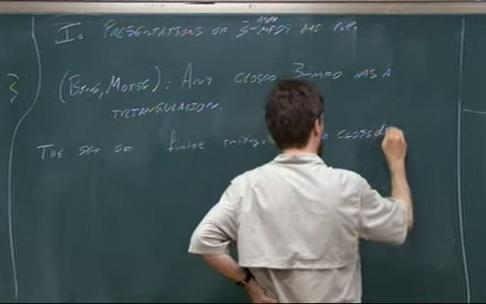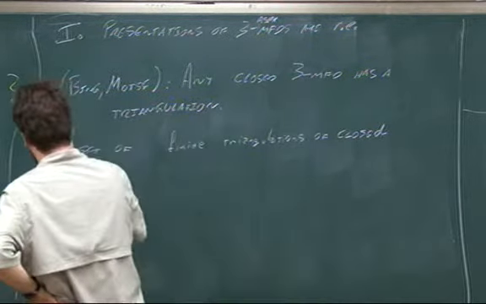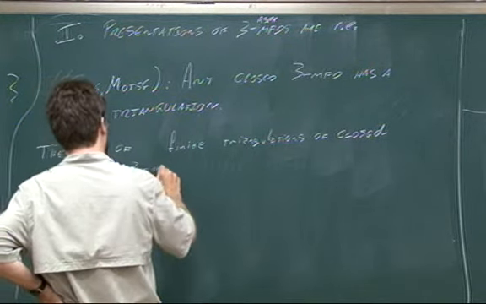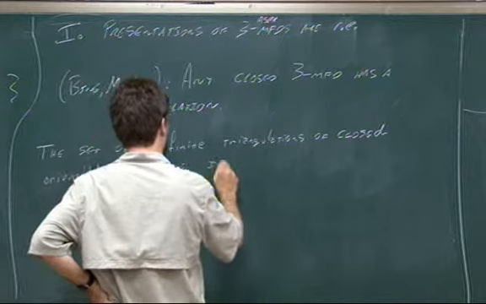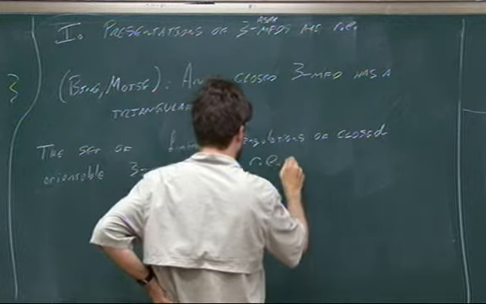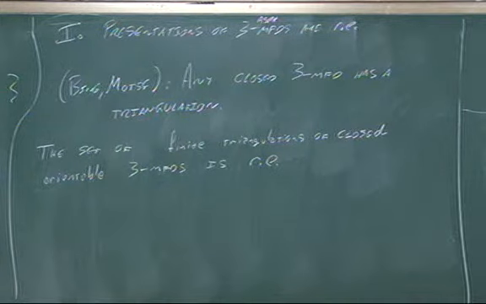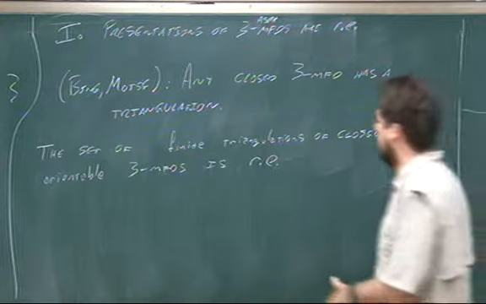So we would say closed, orientable three manifolds is recursively enumerable, right? So I just think about, any particular triangulation has some number of tetrahedra in it. It's a finite list of ways I can glue that number of tetrahedra together, and I can list all those different ways of doing it, right?